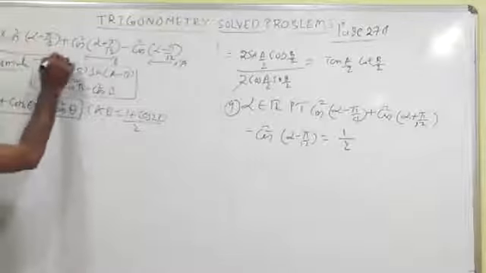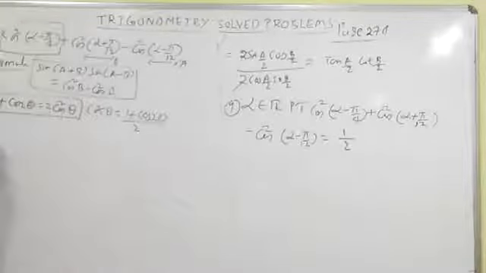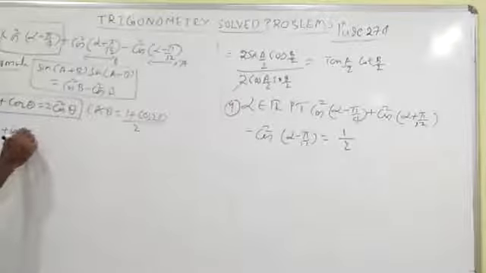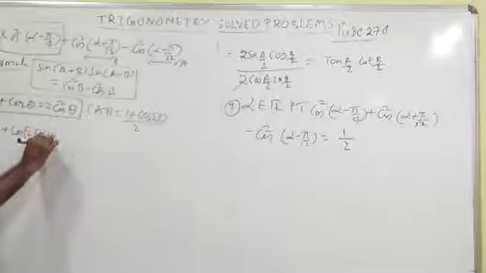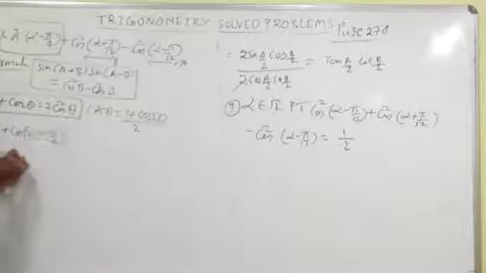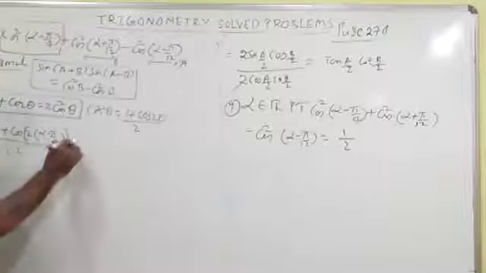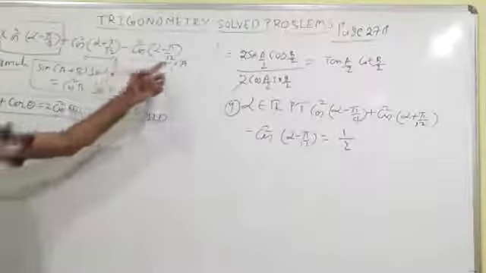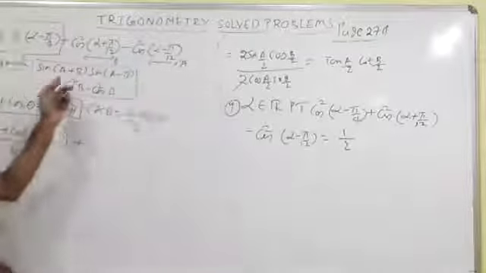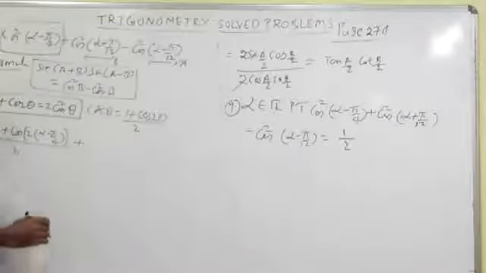For this one, I want to write the formula. That is equal to 1 plus cos 2 theta, so here 2 into theta, meaning (alpha minus pi by 4) whole by 2, plus apply the formula. Here this is b and this is a. So now you should write sine of a plus b into sine of a minus b.